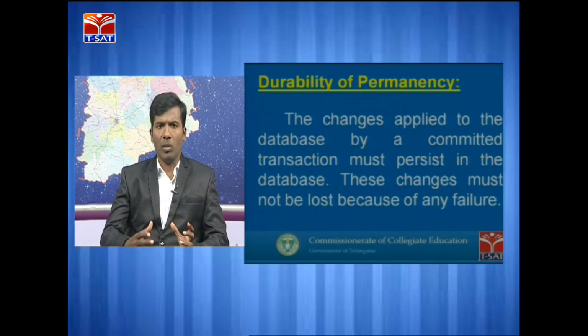So in a multi-user environment, multiple users try to perform different transactions, and all the transactions which are given permission for execution need to follow these four properties. If any one of the properties is not maintained properly, then there is a chance of receiving incorrect results.